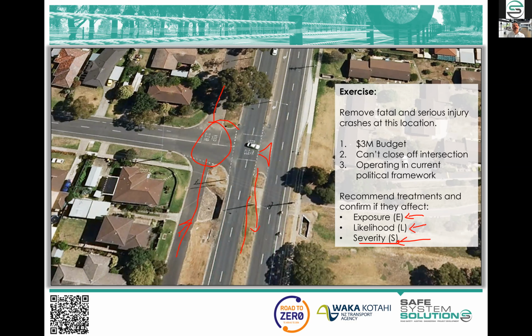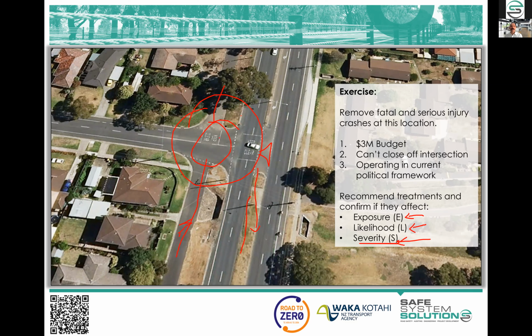It's getting close to exposure alterations, but I'm just worried about how we deal with that intersection there. Left in, left out. That will influence the likelihood of crashes. Maybe the severity as well.